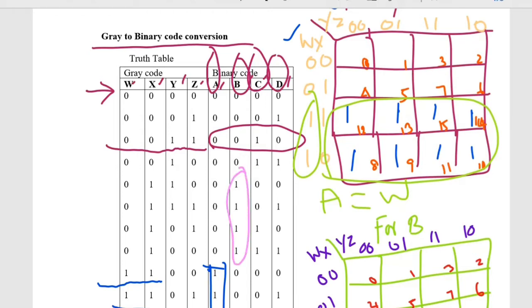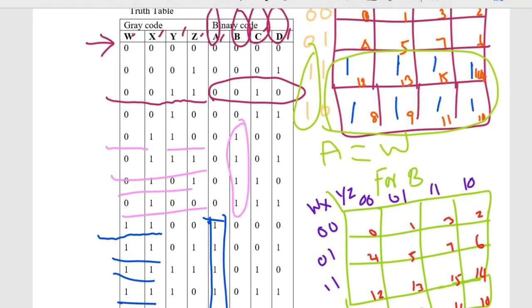In this part, 4 outputs are high, with the combinations 0, 1, 1, 0, and similarly 0, 1, 1, 1, then 0, 1, 0, 1, then the last one 0, 1, 0, 0.